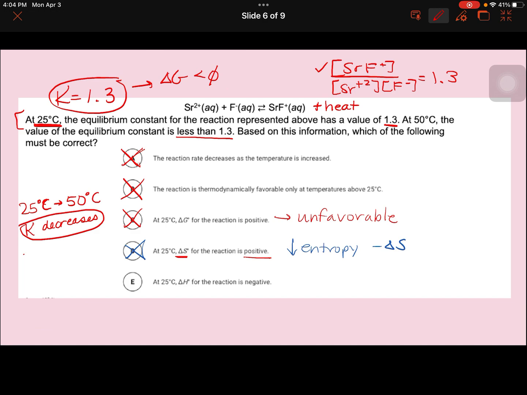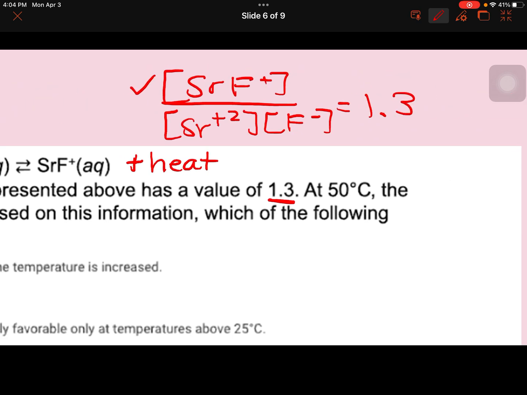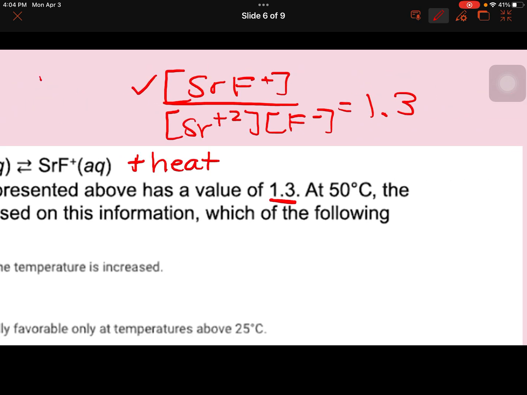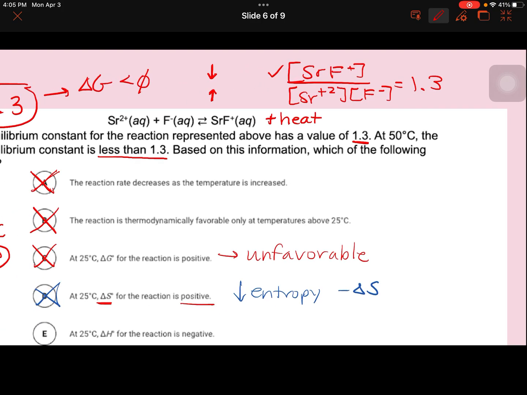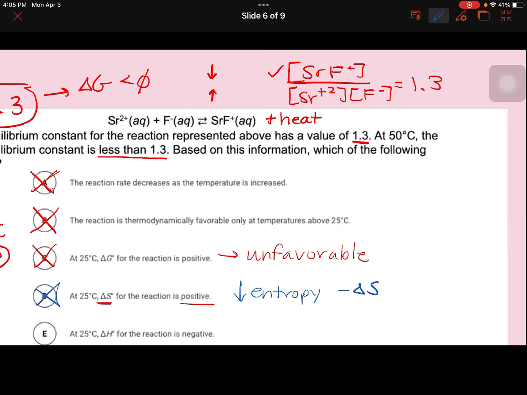Because decreasing K, looking back at this ratio here, if I want my value for K to go down, I need my amount of product to go down and my amount of reactant to go up. If my amount of product is decreasing and my amount of reactant is increasing, that means that increasing the temperature shifts my reaction in the reverse direction.